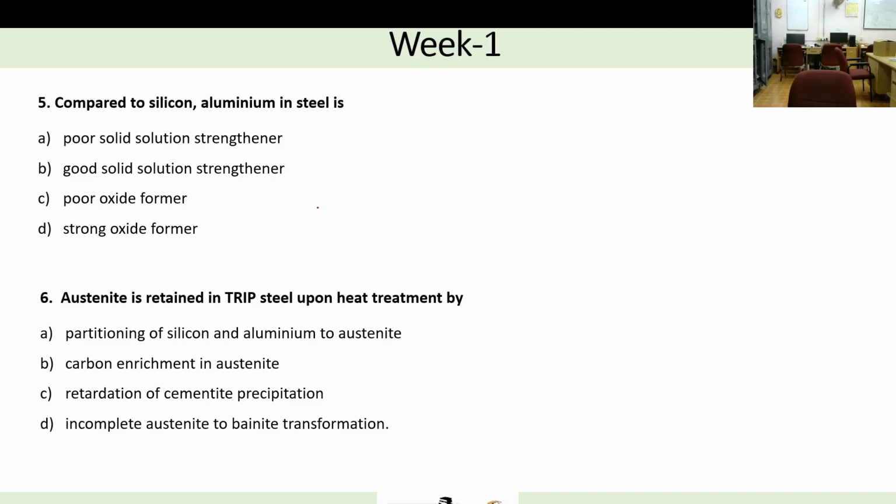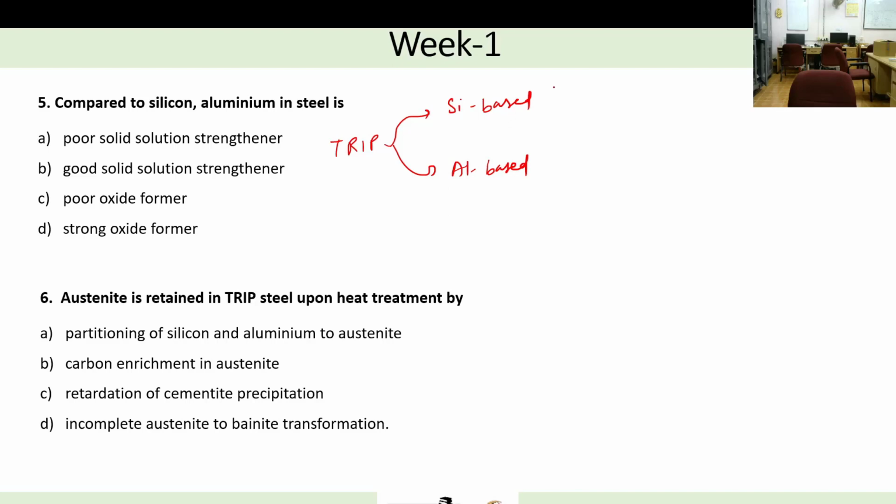So this question is in the context of TRIP steel. If you classify TRIP steel, they are basically of 2 types. The first one is silicon based TRIP steel, and the second one is aluminum based TRIP steel. So in one case silicon will be the main alloying element, and in the second case aluminum.